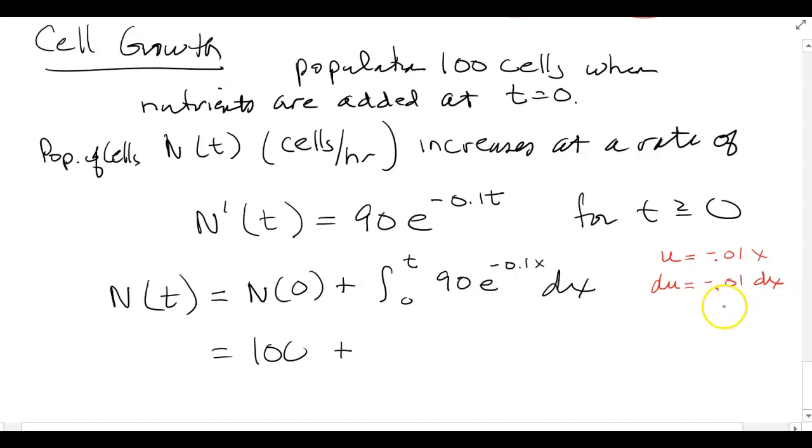And dx then equals du divided by negative 0.1.